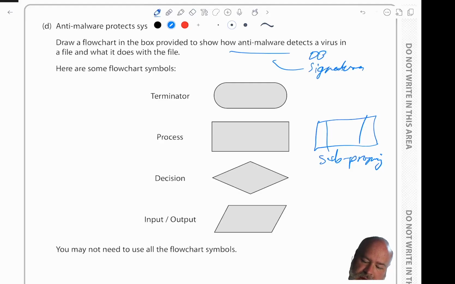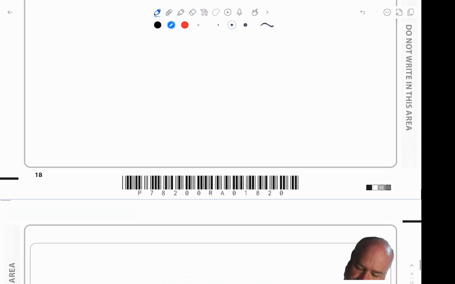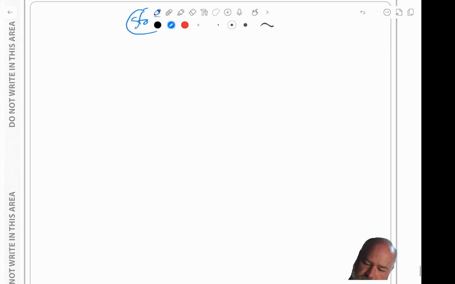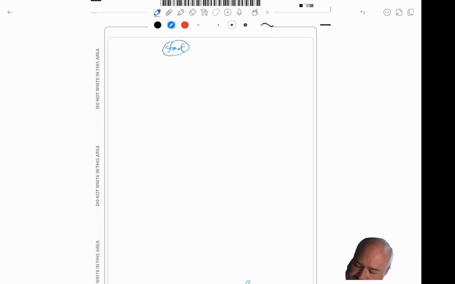That's the key here. So how will this work? We want to have a start and an end. Always a start and an end. If they've not given those to you, just put them in, and always have the arrows with the direction, please. Always, without fail.